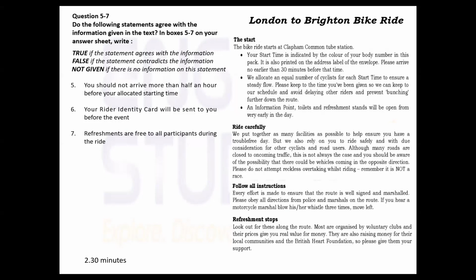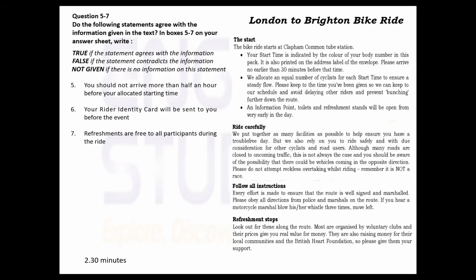My answer is false because it relates to the first point at the start paragraph. It is okay if we arrive more than half an hour before the starting time because it mentioned please arrive no earlier than 30 minutes before that time.